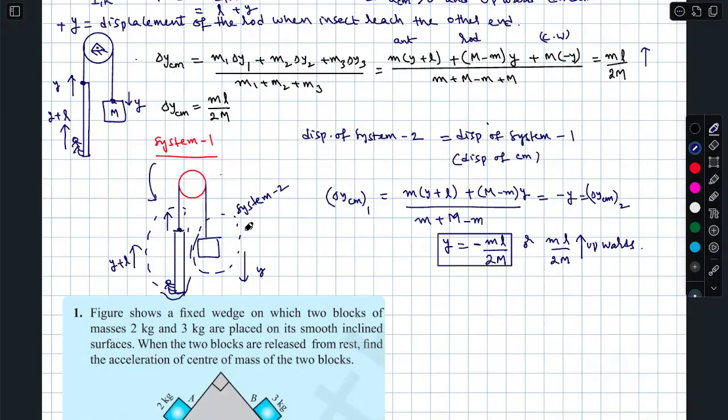Why? Because as this end moves up by y, this end moves down by y. So finally, I have proved that y, after solving all, you will get as minus ml by 2m. Minus ml by 2m, which means magnitude of y is this.